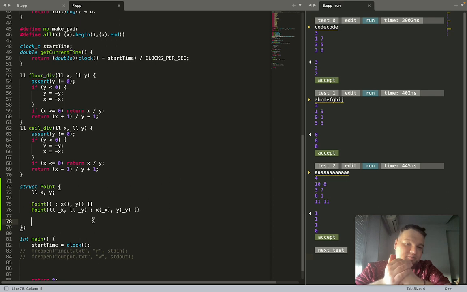I need to be able to sort them by angle, so cross product. Need subtraction.